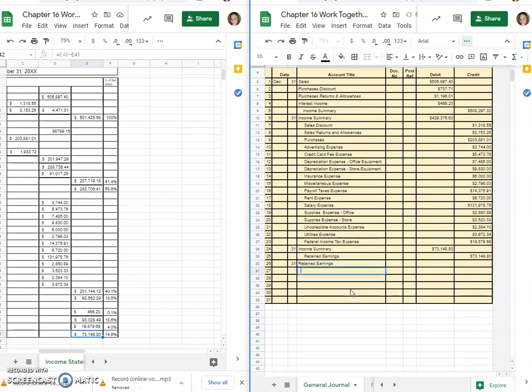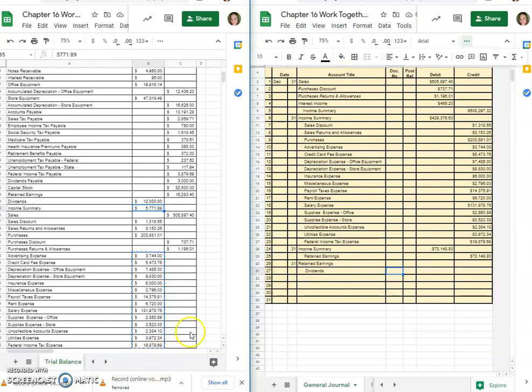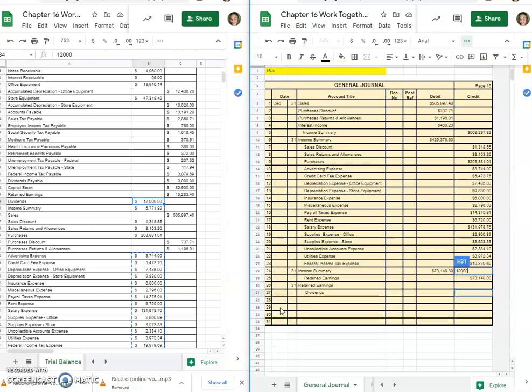Retained earnings will get the debit, which will decrease that account balance, and dividends will get the credit. If we go back to our trial balance, we can see that dividends has a balance of $12,000 debit, so it needs to be credited to make it zero, and retained earnings will get the debit of $12,000.